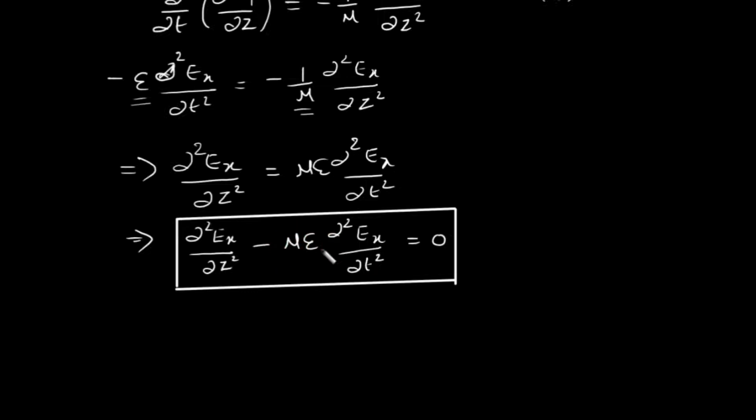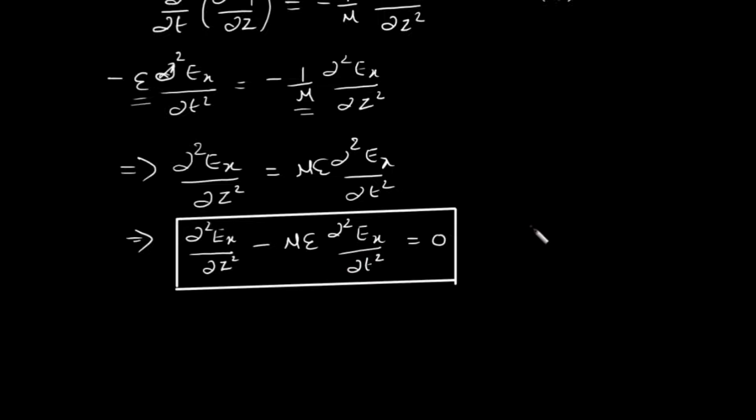That medium effect is taken care of by this term, minus μ ε and the variation of Ex with respect to time. Getting it? Here is the double variation with respect to space, here I have the double variation with respect to time, along with the medium. So this is my uniform plane wave equation in free space.